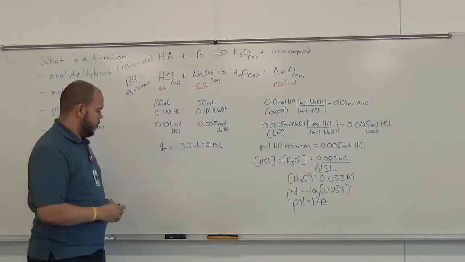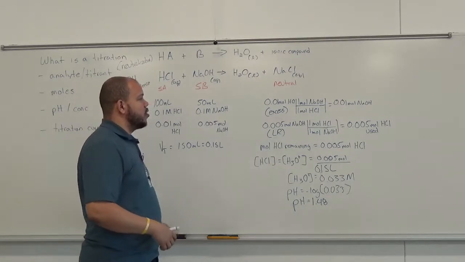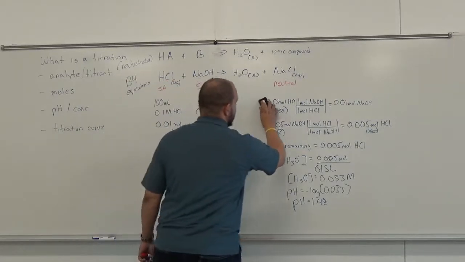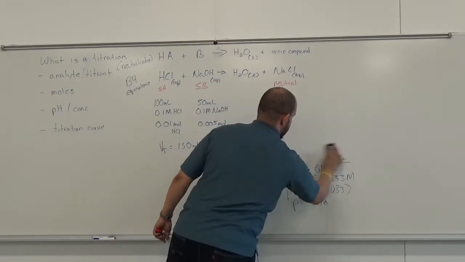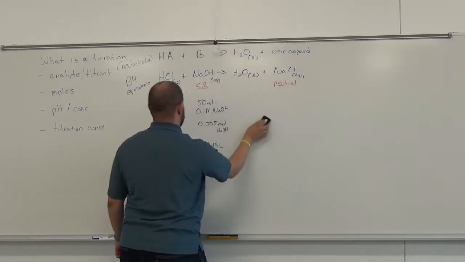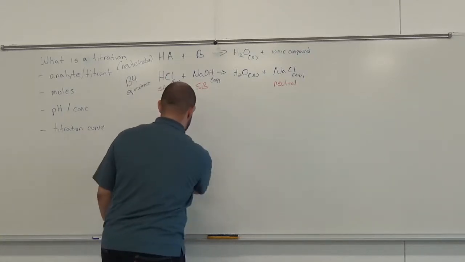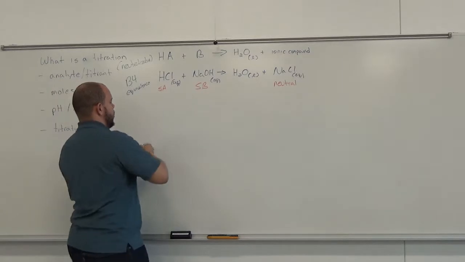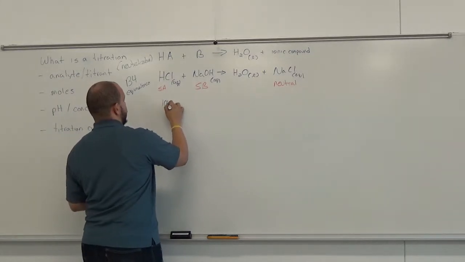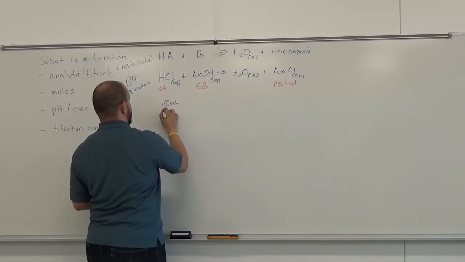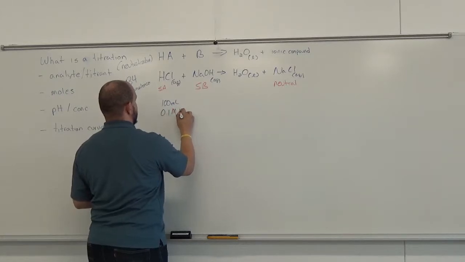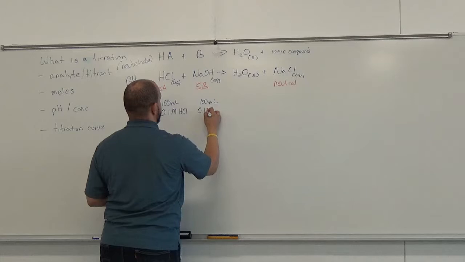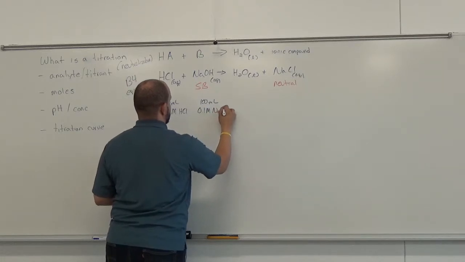Okay. All right, now let's talk about a situation where we might be at equivalence. So let's say that we had 100 milliliters of 0.1 molar HCl and 100 milliliters of 0.1 molar NaOH.